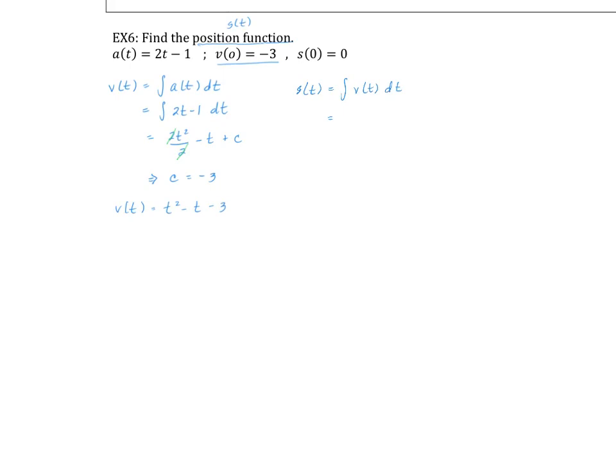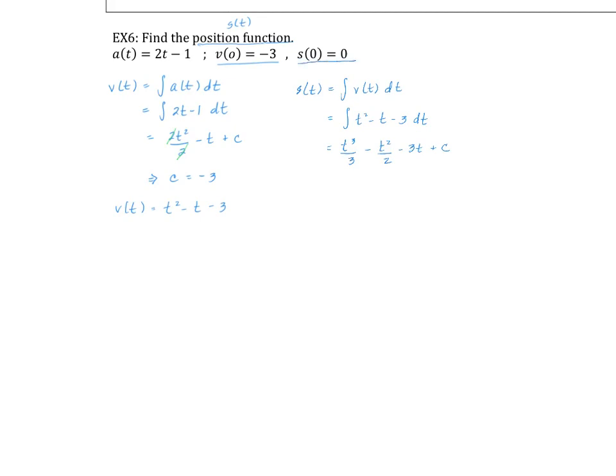And integrating the velocity means I'm going to have the integral of t squared minus t minus 3, and I'm integrating with respect to the variable t, which gives t to the third over 3 minus t squared over 2 minus 3t plus our constant.